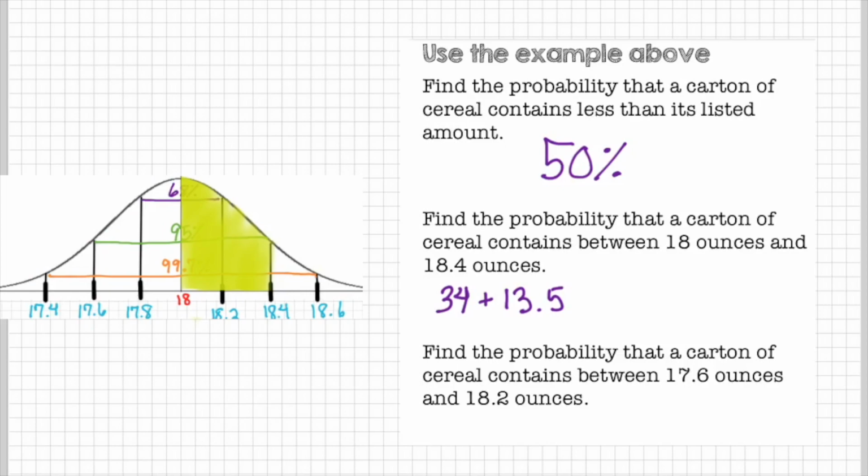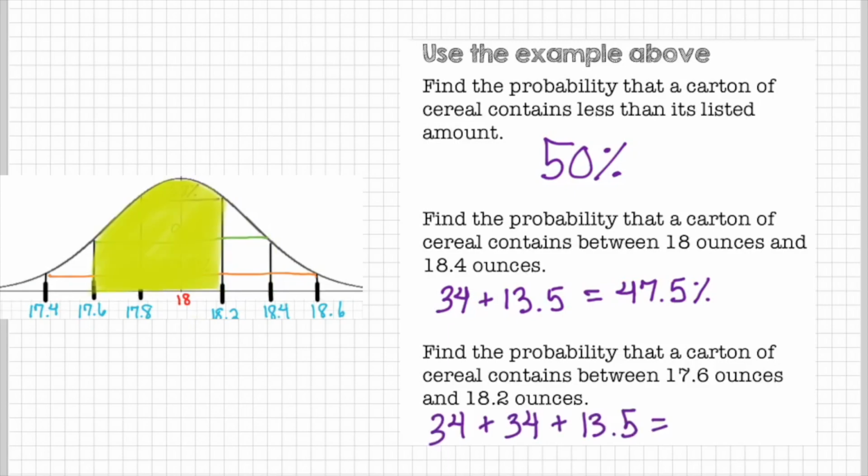That's this section, so that's 34% plus 13.5%, which is 47.5%. Then find the probability that it's between 17.6 and 18.2. Well, 17.6 to 18.2 would have 13.5, 34, and 34% that we have to add together. 34 plus 34 is 68, and 68 plus 13.5 is 81.5%.